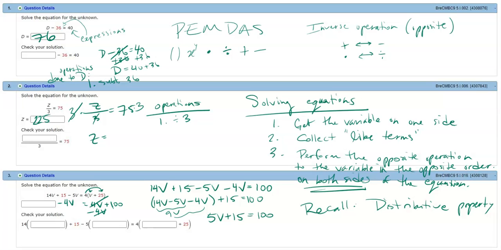And so now I would like to do the same kind of thing where we look at which operations are being done to v. You notice that it's being multiplied by 5. We are also adding 15. And so which order does it go in? Of course, based on PEMDAS, the multiplication comes first and then it goes plus. And so we have the times 5 as the first operation.